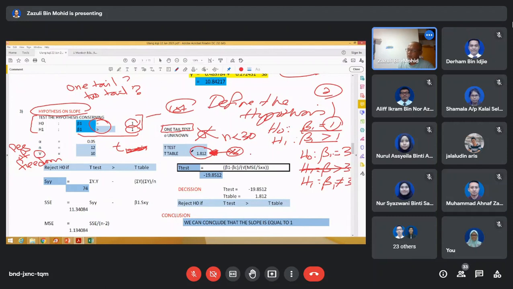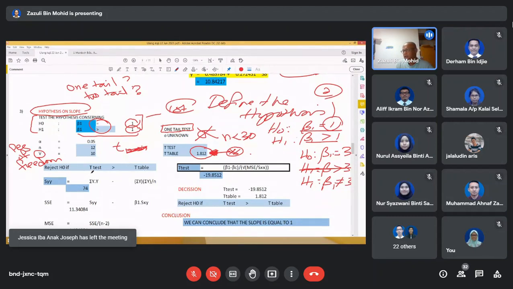Reject H0 if t-test is larger than the t-table. Reject H0 if t-test is larger than t-table.